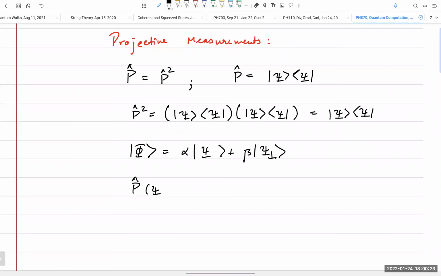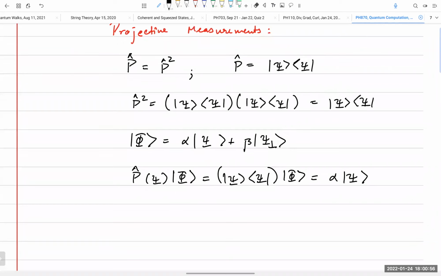If I take P psi and I act on phi, what will I get? I will get psi times this thing acting on phi. The inner product of psi with the state perpendicular to it will be 0, and I will be left with alpha psi. So what does this projection do? It takes my state and removes everything except that component.